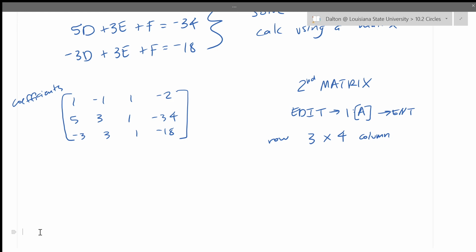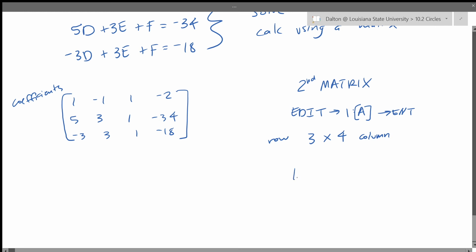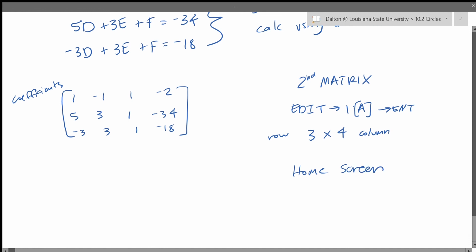However you want to do that, you can hit second quit, or I think you can just hit clear and it'll escape you out of there. But go back to your home screen. It's important that you get out of the edit function.